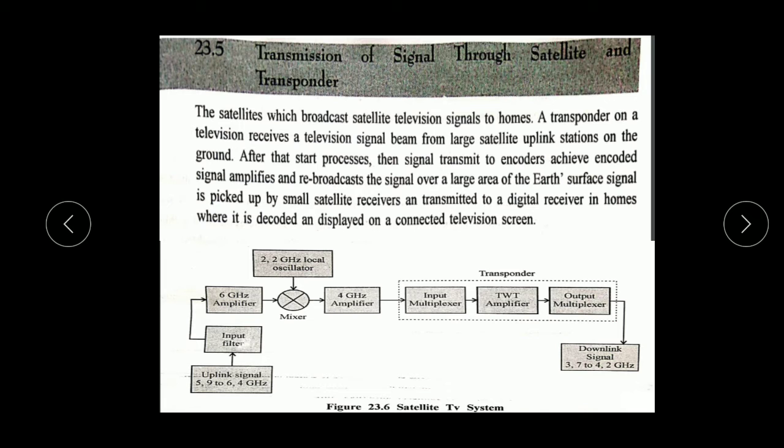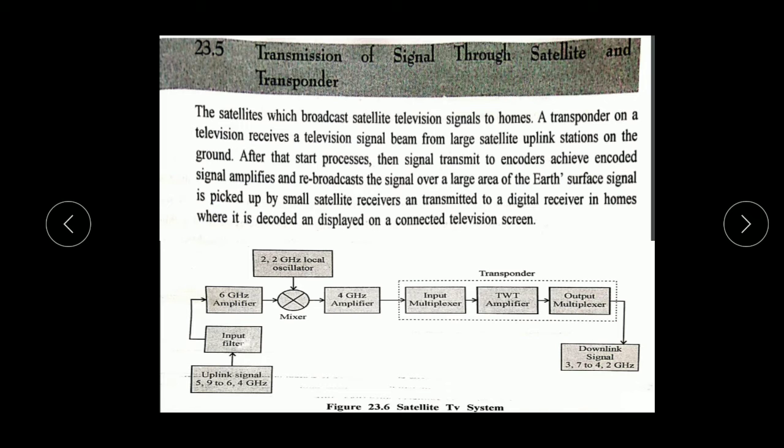The input filter passes a particular band and removes other undesirable signals. After filtering, the signal is sent to the amplifier. Here it is a 6 gigahertz amplifier. It amplifies the received signal and sends it to the mixer.